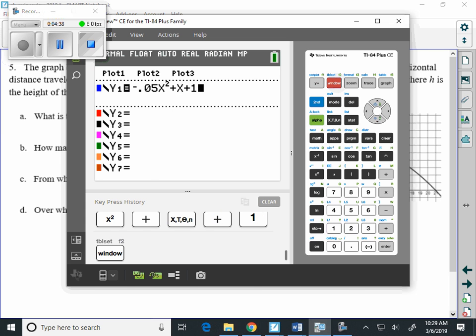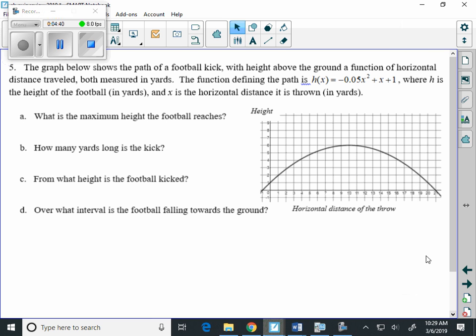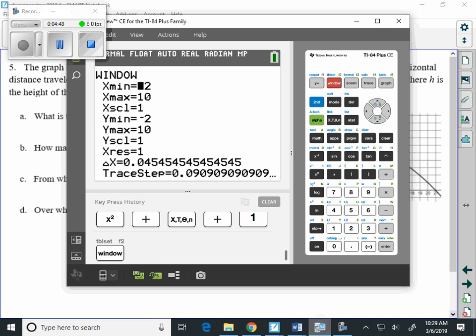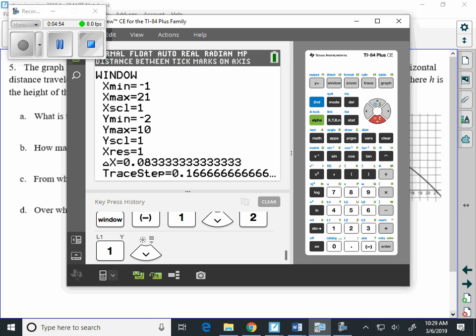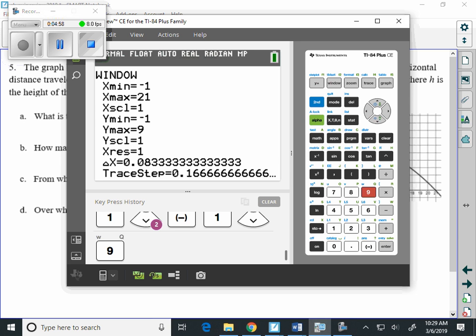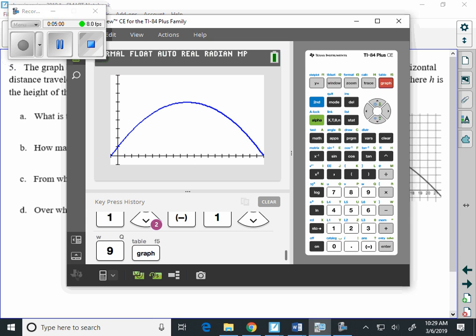The other nice part is if we go back and look at this, we already have a window that we can use. We went from 0 to 21 on the x's. In fact, I'm going to go from negative 1 to 21 on the x's. And I'm going to go from negative 1, I think it's 9 on the screen. There's our picture, same picture that's there.